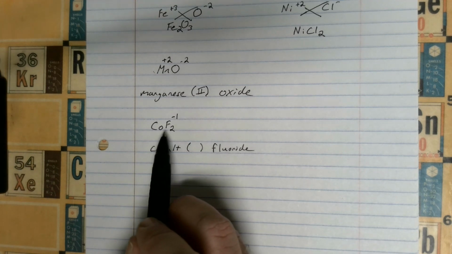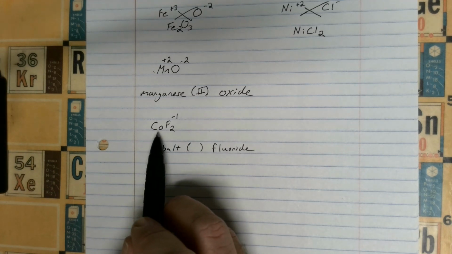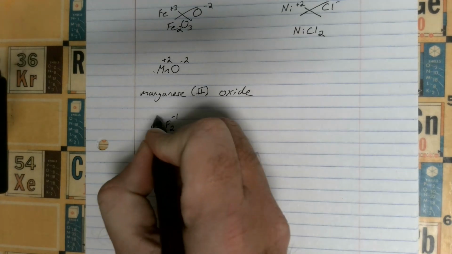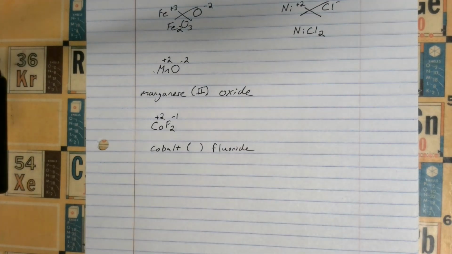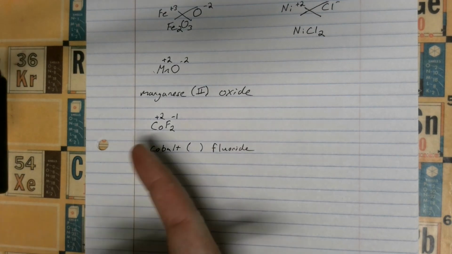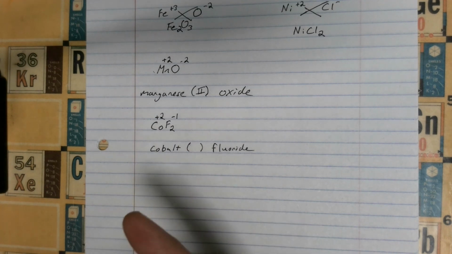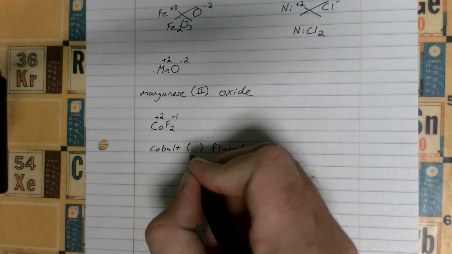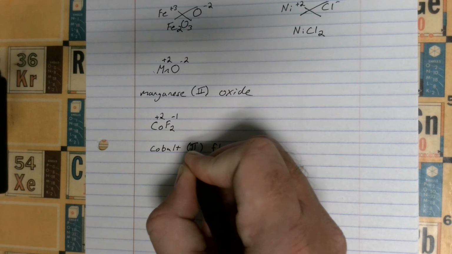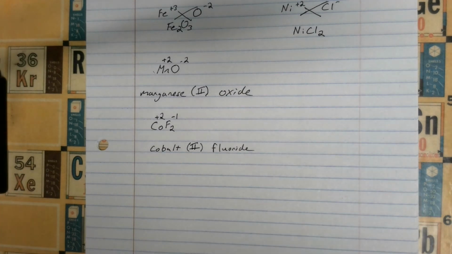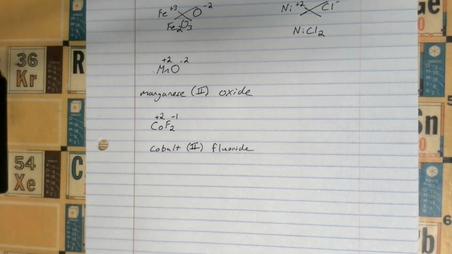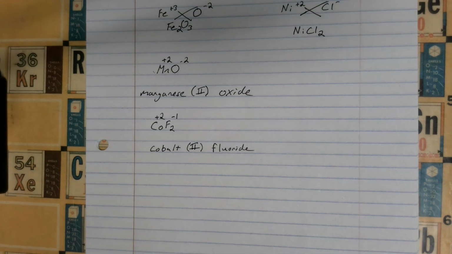To balance that out, I would need the cobalt to be +2. Since I only have 1 cobalt and it needs to balance out a -2, it's going to be +2. So then my Roman numeral becomes 2. Okay, all right, let's do one more.